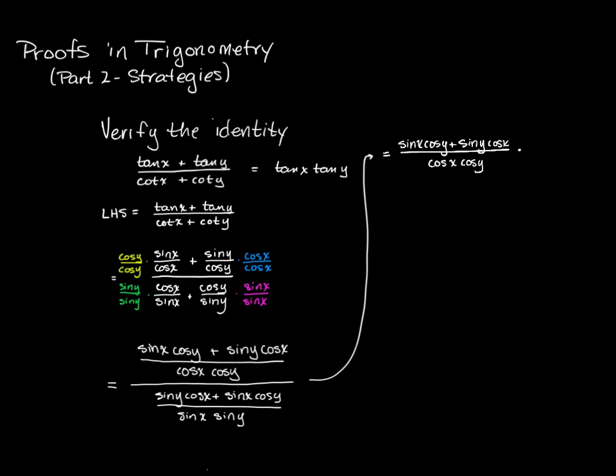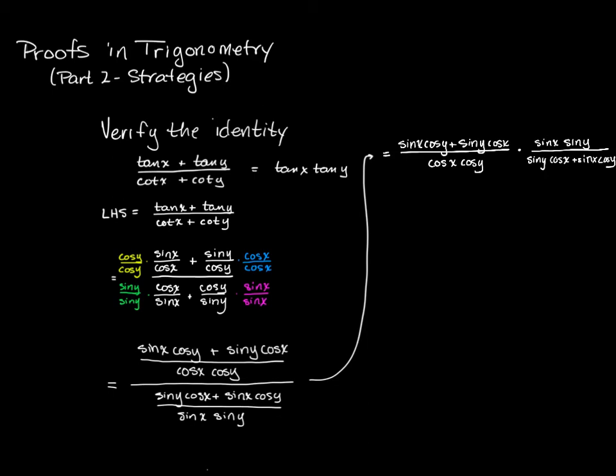And I'm going to multiply that by the reciprocal of the denominator. So I have sine of x sine of y over sine y cosine x plus sine x cosine y.